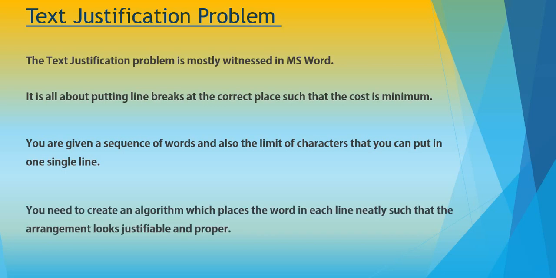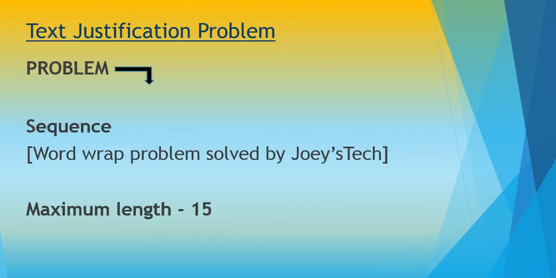You need to create an algorithm which places the words in each line neatly such that the arrangement looks justifiable and proper. Like I already said, Microsoft Word does that for you. So it's a clear example of using the text justification algorithm. Let's proceed. In this problem, we have the sequence of words: "word wrap problem solved by Joey's Tech", which we are going to arrange in lines, and each line has a maximum length of 15 characters.